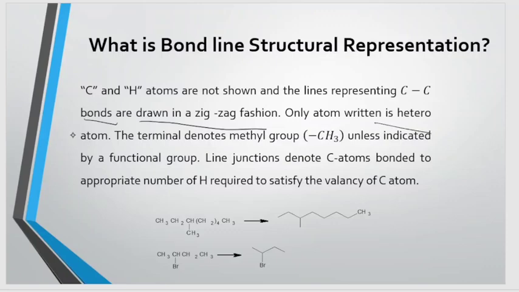Heteroatoms like oxygen, sulfur, chlorine, bromine, etc. are shown. And the terminals denote the methyl group unless indicated with a functional group. And the line junctions also denote the carbon atoms, which are bonded to the appropriate number of hydrogens required to satisfy the valency of the carbon atom.